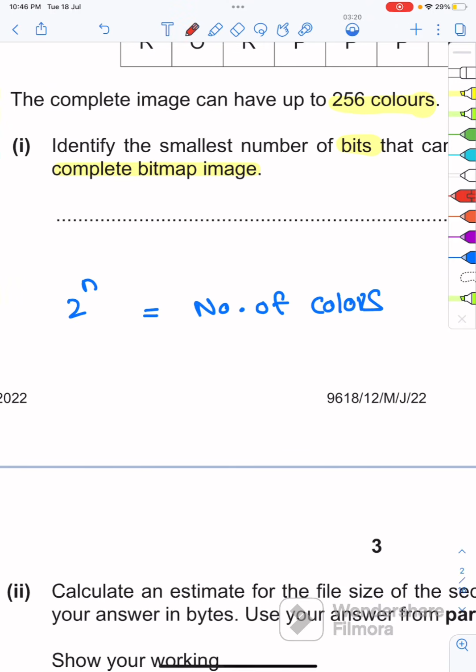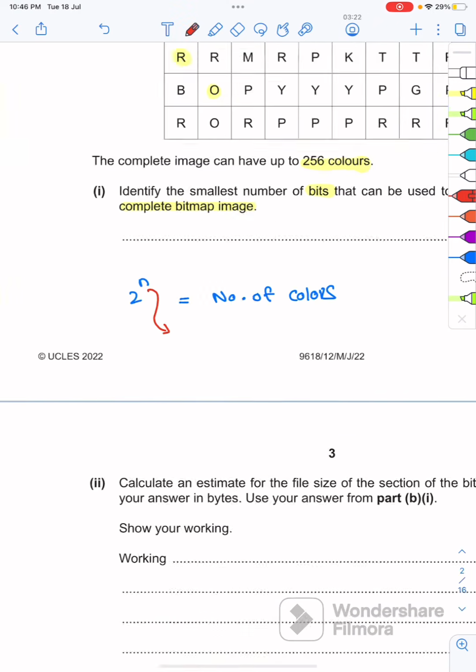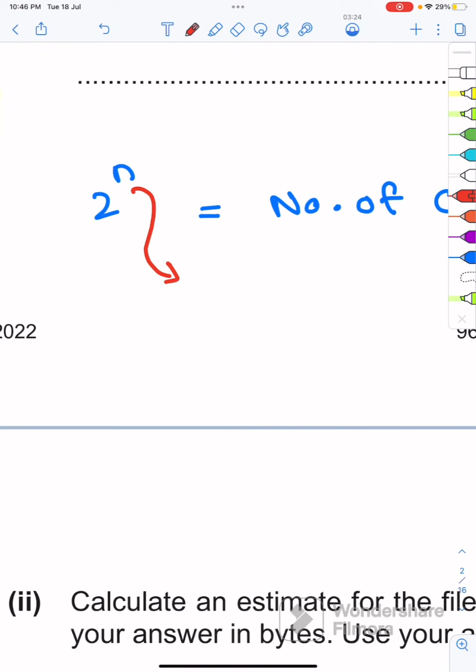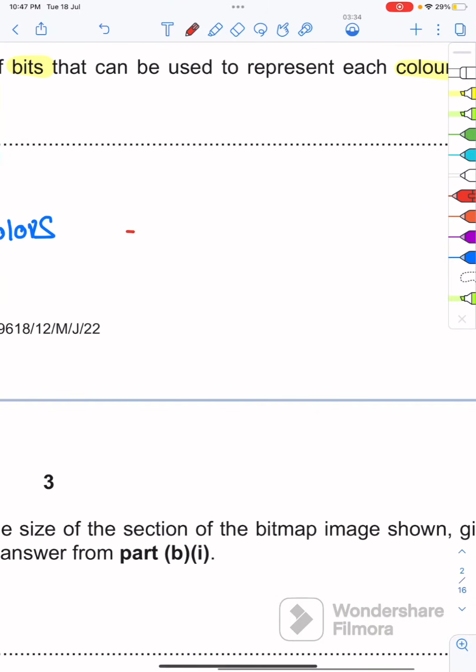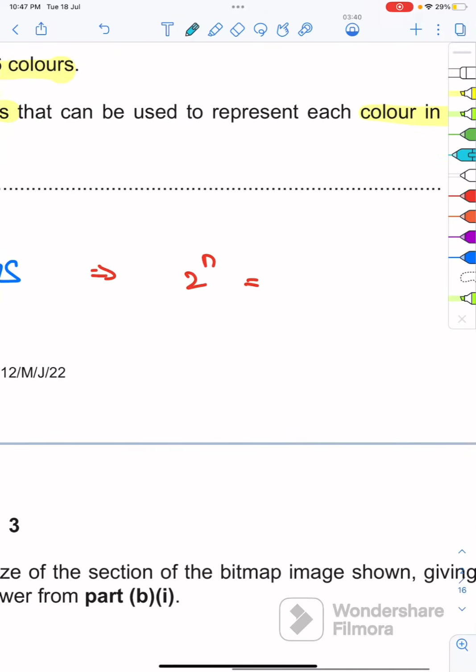And this n indicates the smallest number of bits. So in this case, we've got 2 to the power n equivalent to the number of colors, as they've said, 256. So what power of 2 will give you 256? In that case, n is going to be 8.